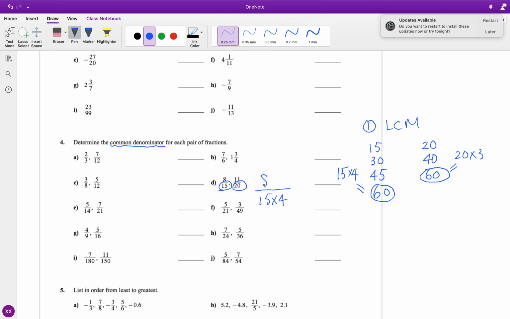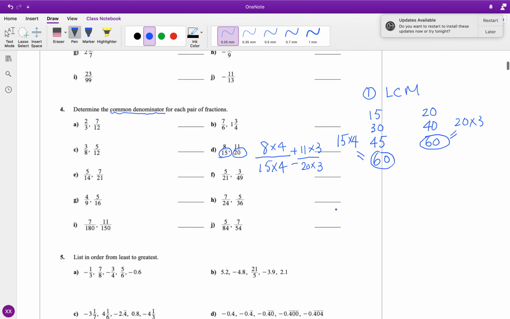Therefore, your top is to be 8 multiplied by 4. That's what you do there. And then the other one will be 20 multiplied by 3. Therefore, your 11 will multiply by 3, right? So then this time, no matter you add them or subtract them, at least you got your common denominator, and then you're just going to worry about the top.